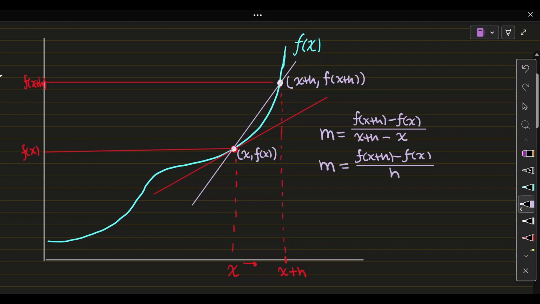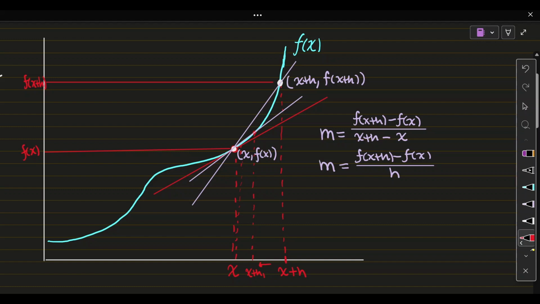Now, notice that if I take that distance h and I shrink it, so I make it smaller, let's say this is my new x plus h, we'll call it x plus h1, and it's even closer to x, then my line that I'm taking into consideration here is this line. And let's say I bring it even closer, this close.